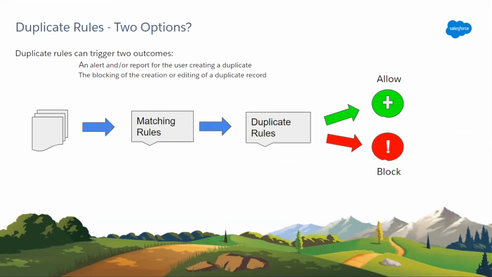When it comes to duplicate rules, which are the counterpart for matching rules, you have two options. You can alert the user and have them report that they're creating a duplicate, or you can completely block the creation or editing of that duplicate record. Those are your two options with duplicate rules.